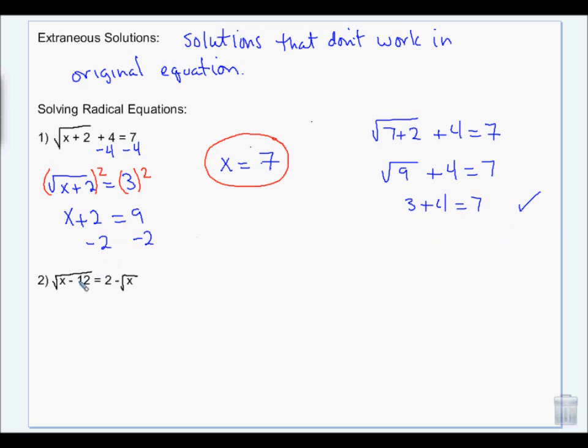Okay. Here where I have a radical on both sides, I can't isolate it completely. So when this happens, you have one radical on each side, and you square both sides completely. And what that will give me on this side is x minus 12.